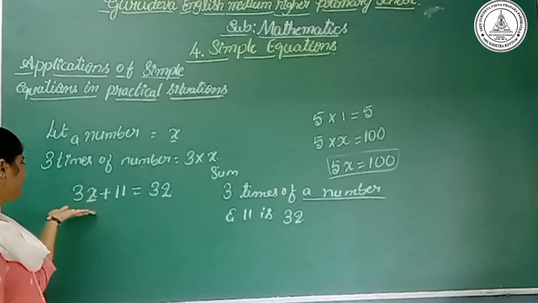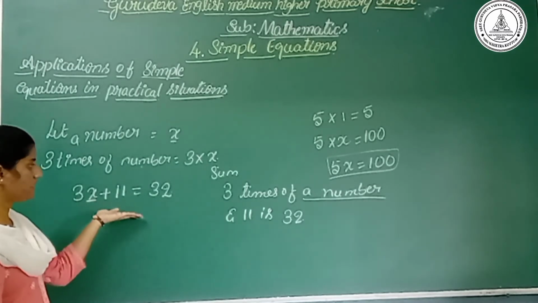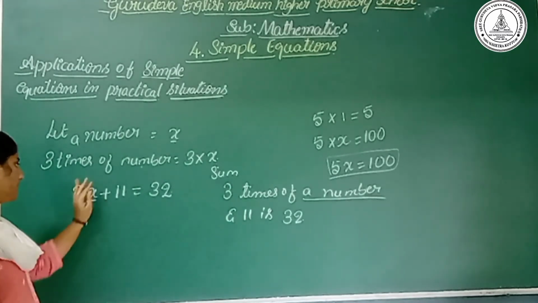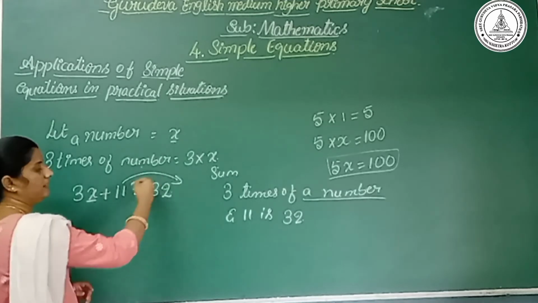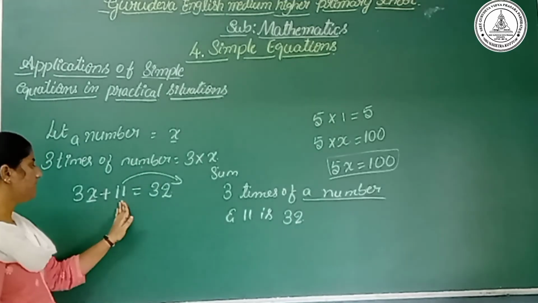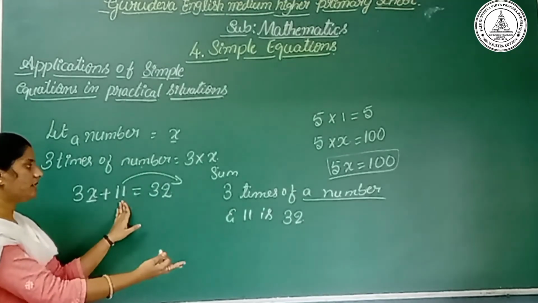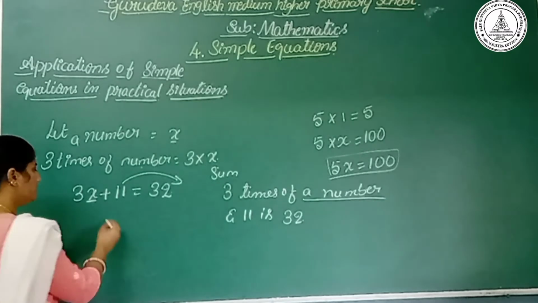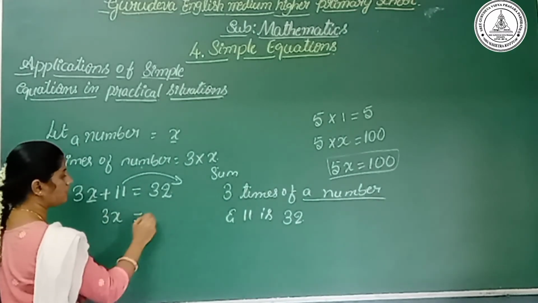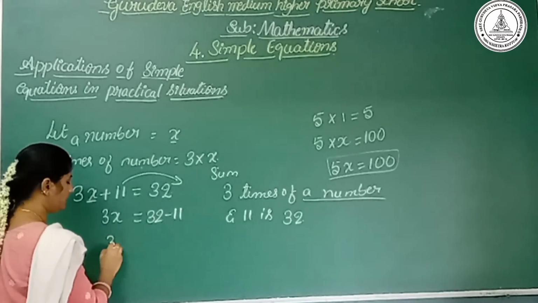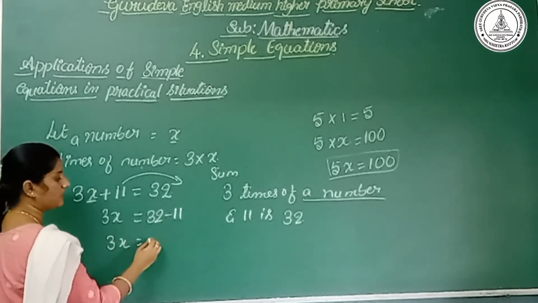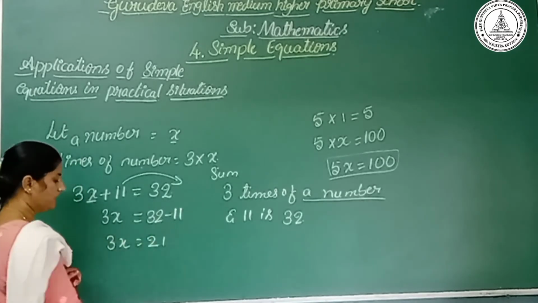For example, here we have 3x plus 11 equals 32. I want to find the value of x. First I will transpose 11 to the right hand side; plus 11, after transposing, becomes minus 11. So 3x is equal to 32 minus 11. 32 minus 11 is how much? 21.